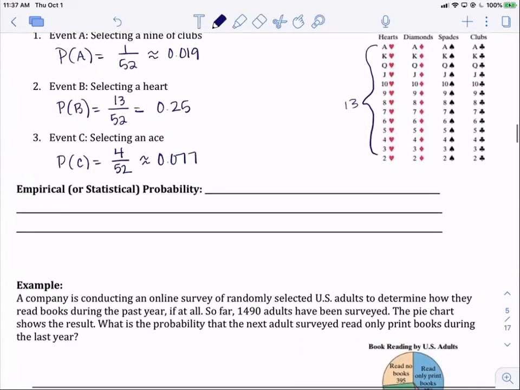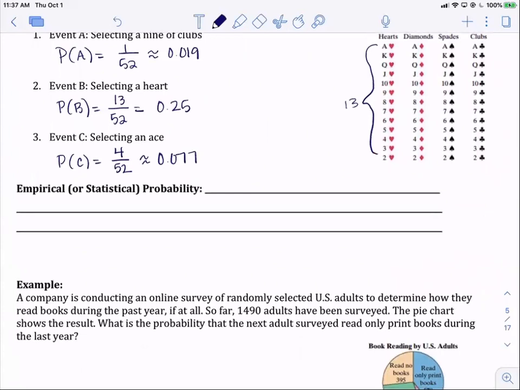Empirical probability, this is going to be your relative frequency. F divided by N. It's based on observations.